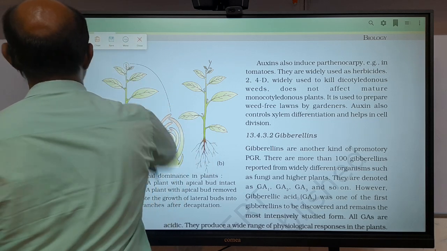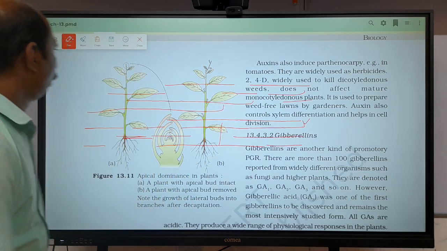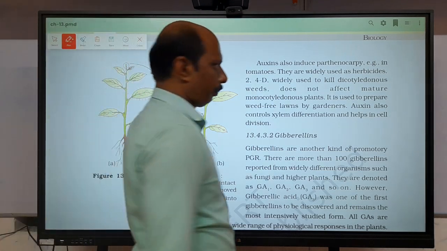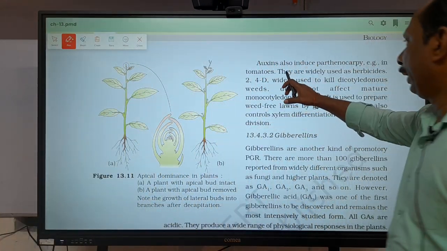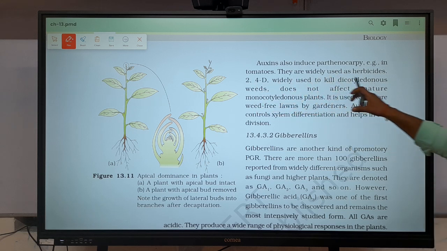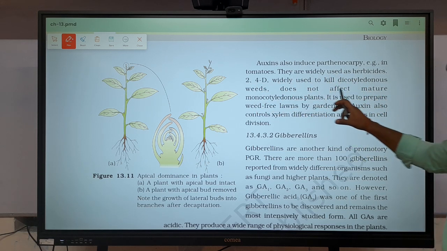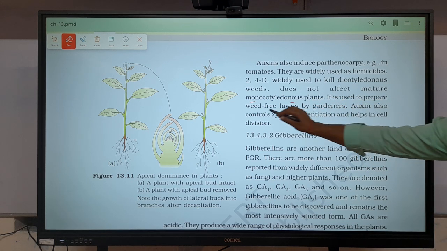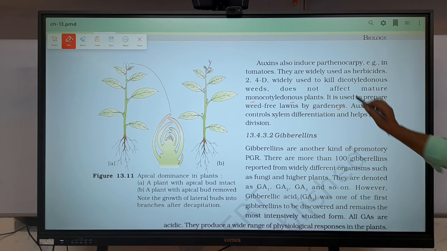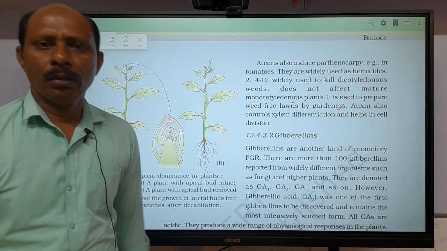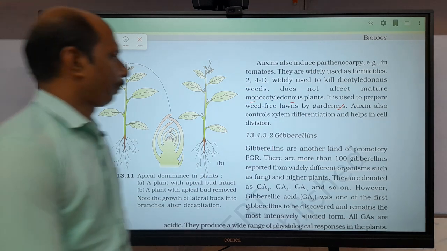I already told you, 2,4-D is usually used as a herbicide on dicot plants. 2,4-D is widely used to kill dicotyledon weeds and does not affect mature monocotyledon plants. It is used to prepare weed-free lawns by gardeners, because lawns are made up of grasses. Grasses are only monocotyledon plants, right?